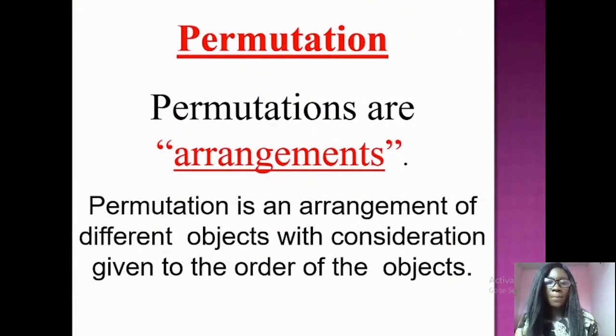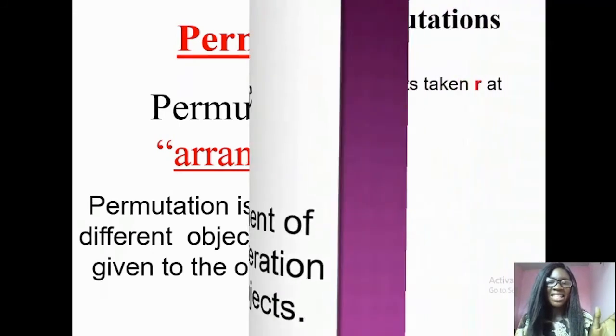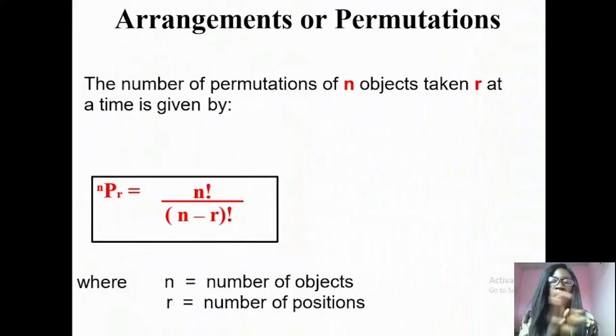Now, permutations are arrangements. They are arrangements of different objects with consideration to the other objects. They are just arrangements. The number of permutations is given by n factorial over n minus r factorial.